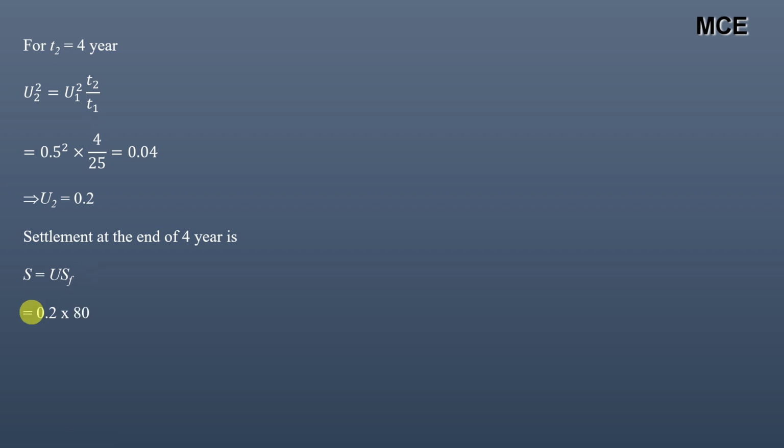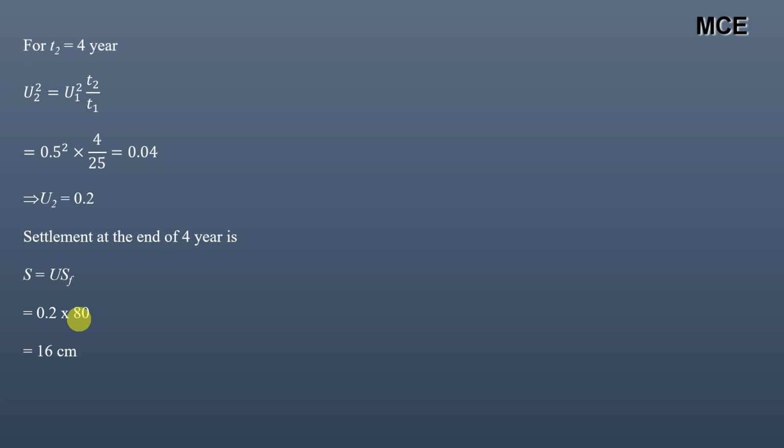So degree of consolidation is 0.2, and final settlement for a clay layer of 25 meter thickness is 80 centimeters. So settlement at the end of the 4 years will be 0.2 into 80, which is equal to 16 centimeter. Okay, so settlement for this clay layer having thickness of 25 meter at the end of 1 year is 8 centimeter, and at the end of 4 years is 16 centimeter.